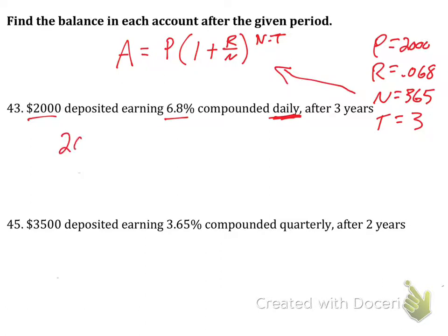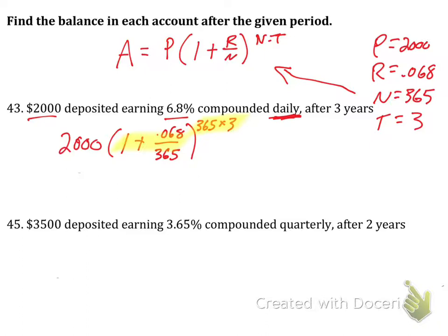So it'll look like 2,000 times 1 plus my rate of 0.068 over the number of times it's compounded, which is 365, and then to the n times t, which would be 365 times 3. Now, you can simplify what's in here, and then you can simplify what's in here if you don't just want to plug this into your calculator.